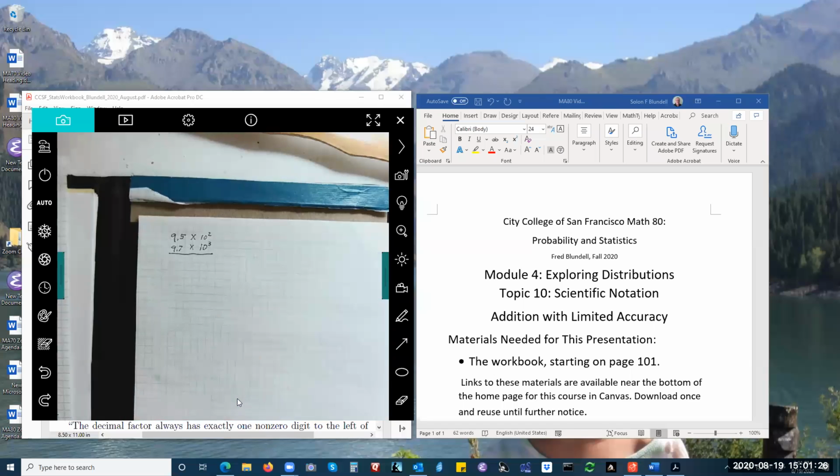So I'm going to add 9.5 times 10 squared plus 9.7 times 10 cubed. And first I need to change them both into 10 cubed.